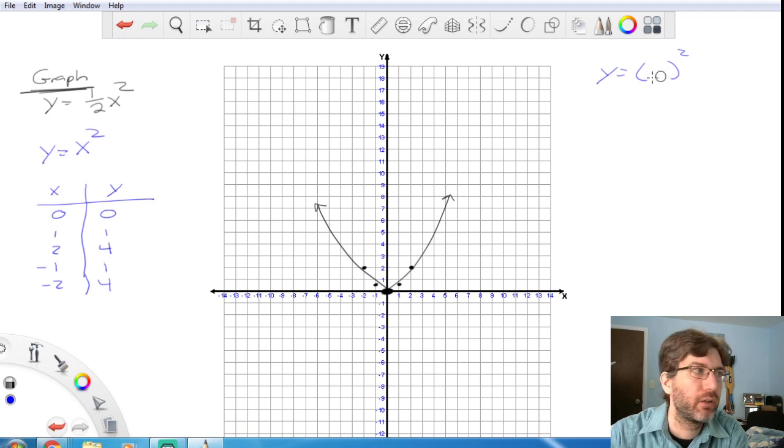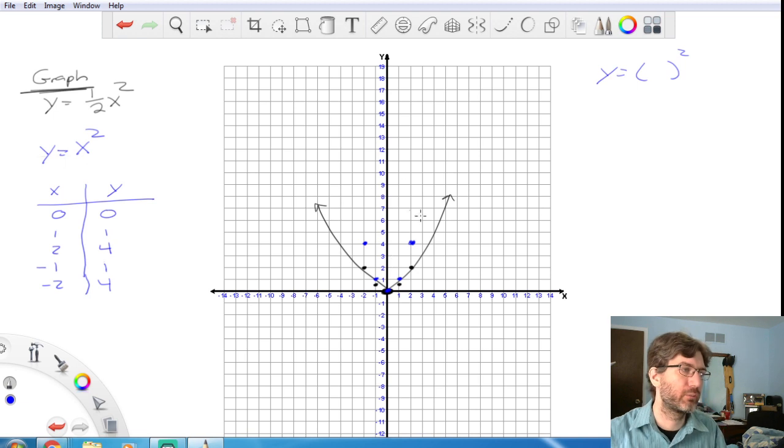So when I go ahead and graph this, this point is shared, and then 1 comma 1, which would be right here, not quite on the other graph because it's supposed to go through that line. 2 comma 4 is up here, and the symmetry is going to be over there.